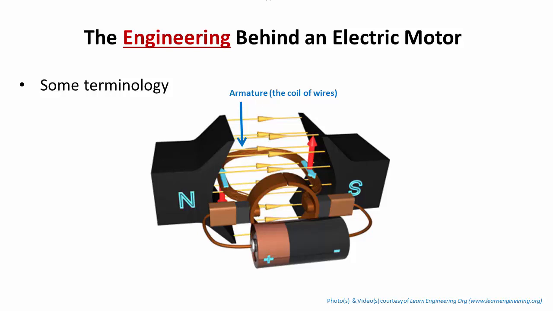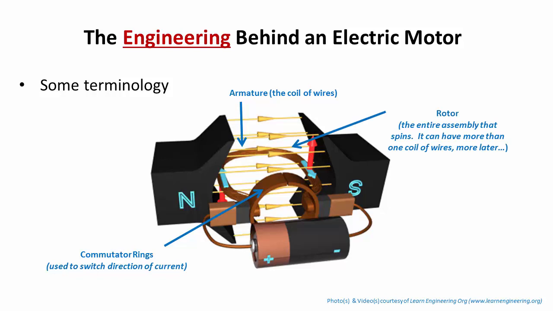The commutator ring is attached to the wire, and the armature and the commutator rings are the spinning things, and the commutator is used to switch the direction of the current. And then the rotor is a generic term that talks about the assembly within the motor itself that spins. So it is the spinning part of the motor.